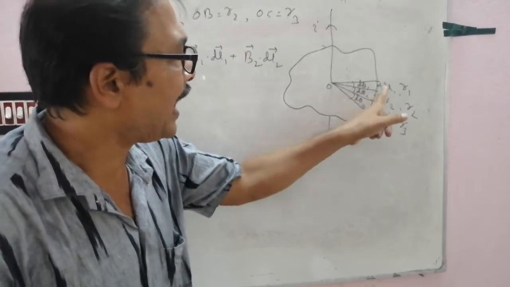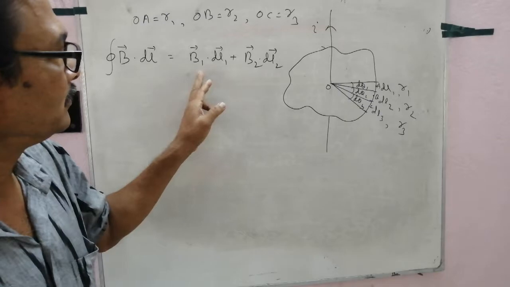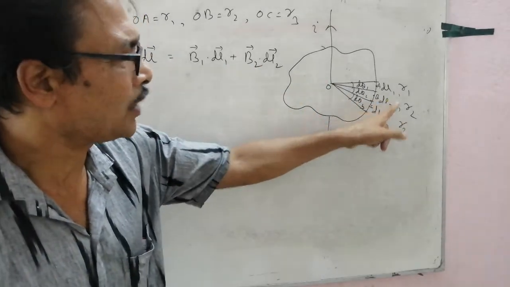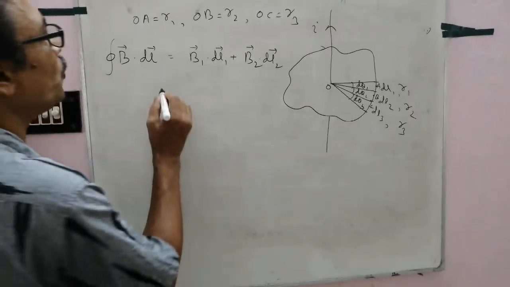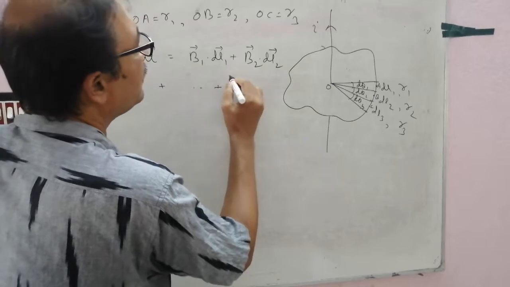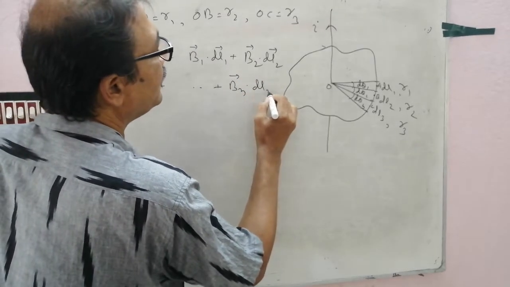The magnetic field at a distance R1 at A is B1, at B is B2, because the distances are separate, R1, R2, R3, and in this way for nth, Bn dot DLn.